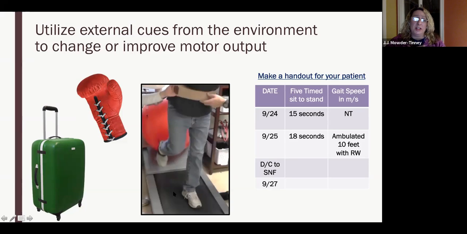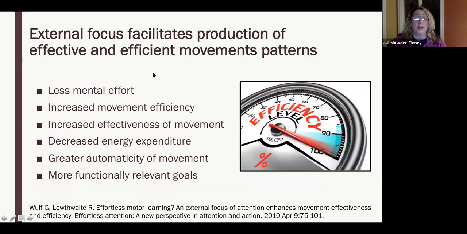Bend your knee is more of an internal cue, whereas an external cue is hit the ball with the bottom of your foot. And so there's the knowledge of results piece. Sorry, I made a quick transition there for time. The knowledge of results piece is showing them what their gait speed was, how fast they were able to walk, how many sit-to-stands they were able to do, timing things.